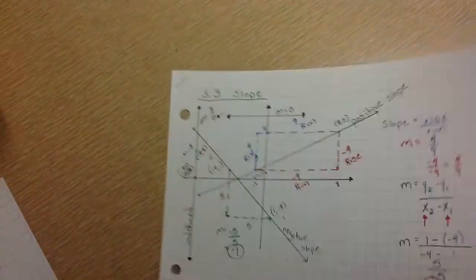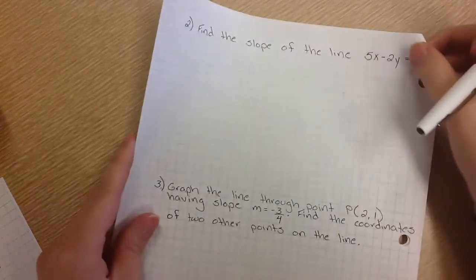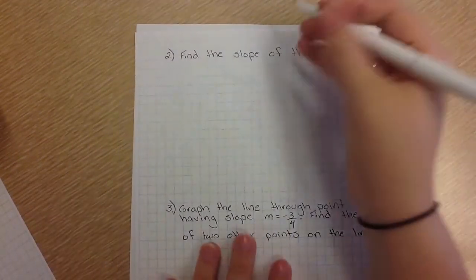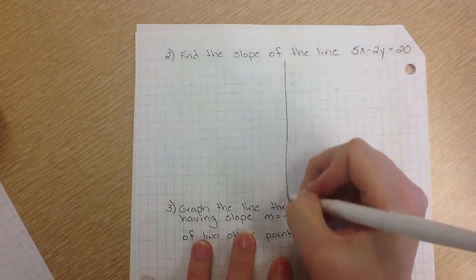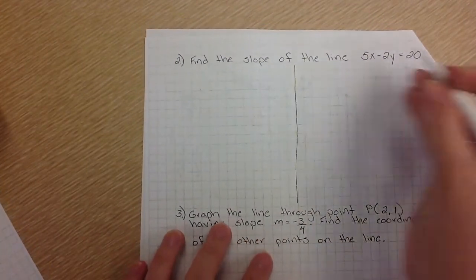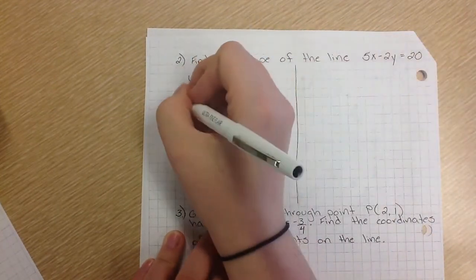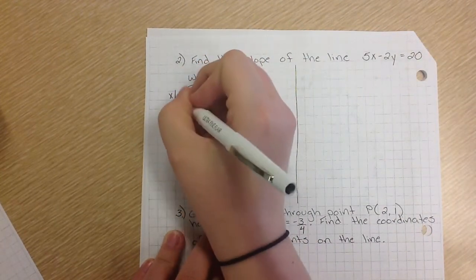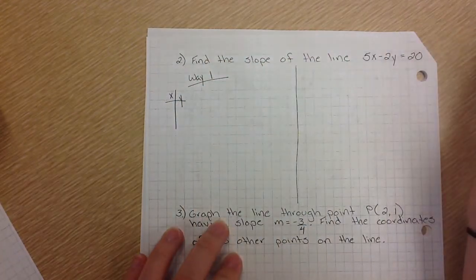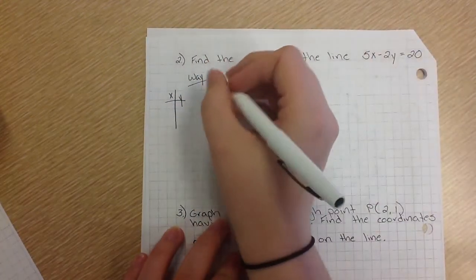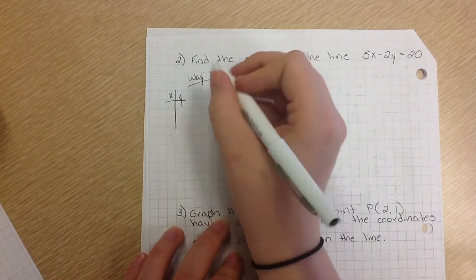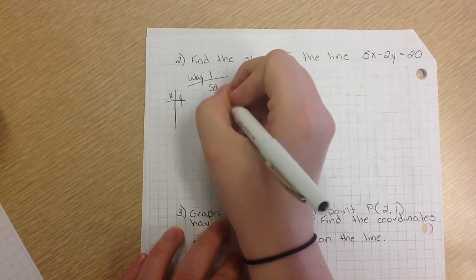Okay, next. Find the slope of the line. There are two different ways of doing this one depending on what you remember. Number one is to do an XY table and then take the difference. What I mean by this is, you would solve for y.